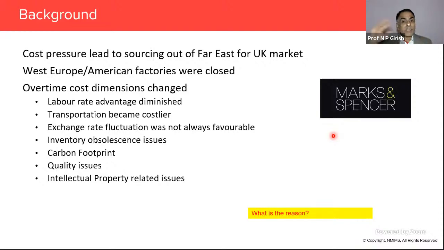Eventually, as more players moved to China, the labor rate advantage diminished. Transportation was getting costlier, because China was a low cost production base. As many people moved to China, demand for the manufacturing facilities there rose, hence the advantage in production cost went down, meaning labor cost went up.